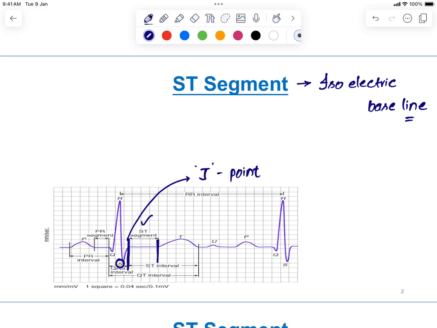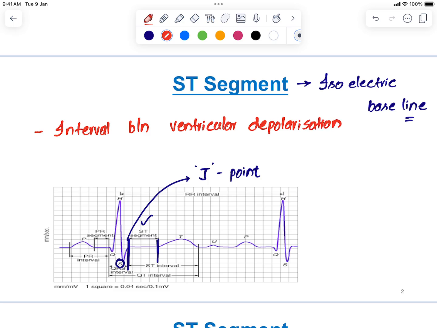Now this ST segment, it is the one which represents the interval between the ventricular depolarization and ventricular repolarization.